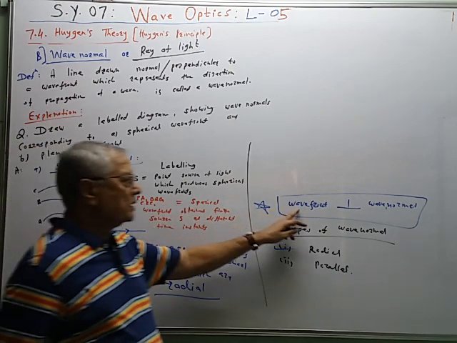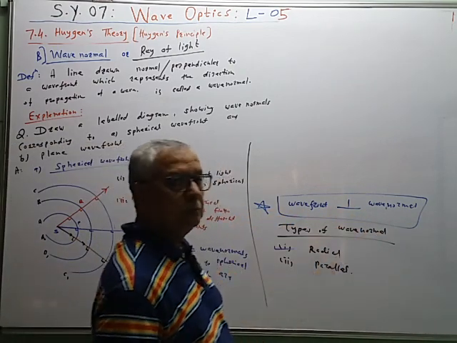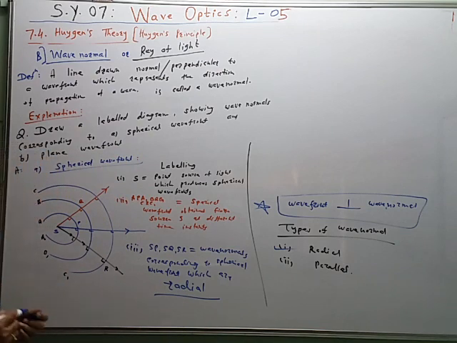If the wavefront is spherical, then wave normals are radial, like this. So this is the A part that we have completed.